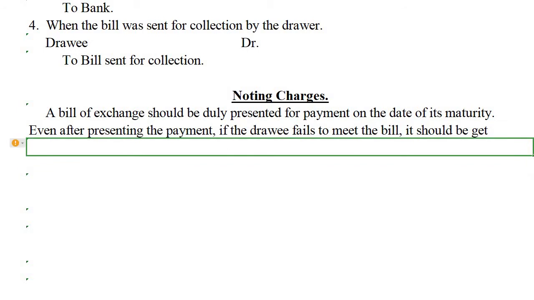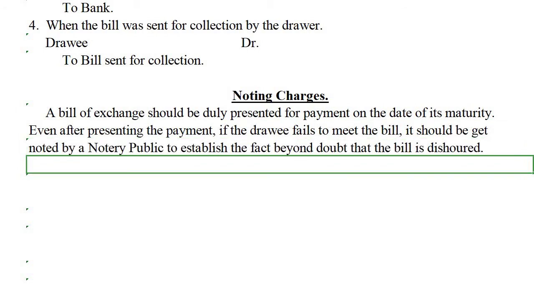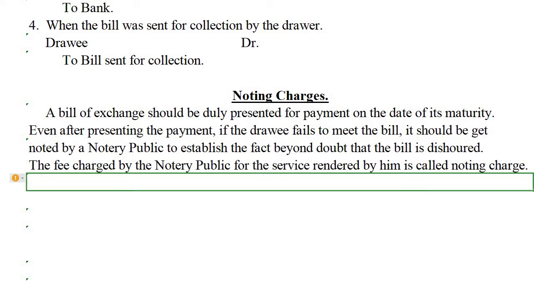It should be noted by a notary public to establish the fact that this bill is dishonored. So who is authorized to do that? That person is called a notary public. So the fee charged by the notary public for his service is called noting charges.